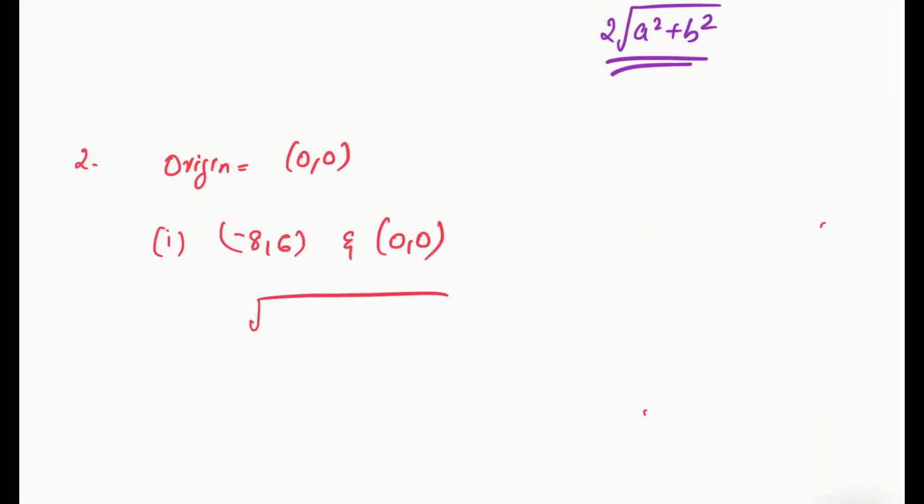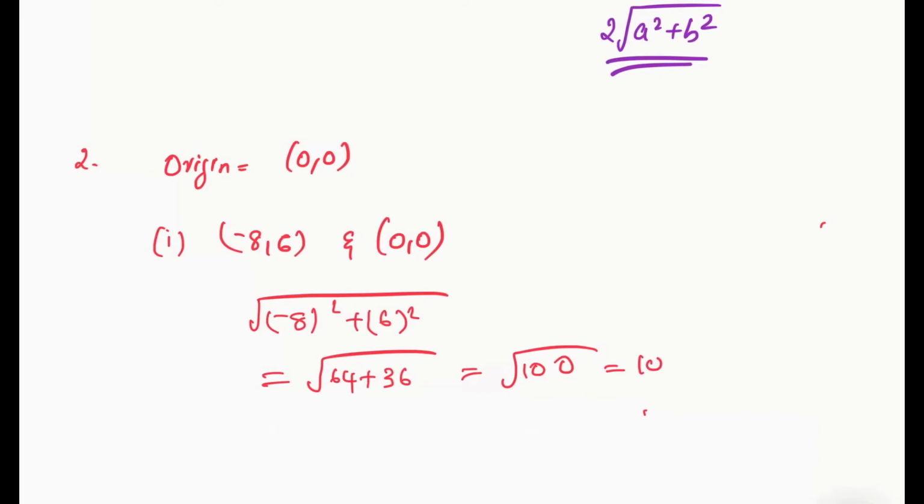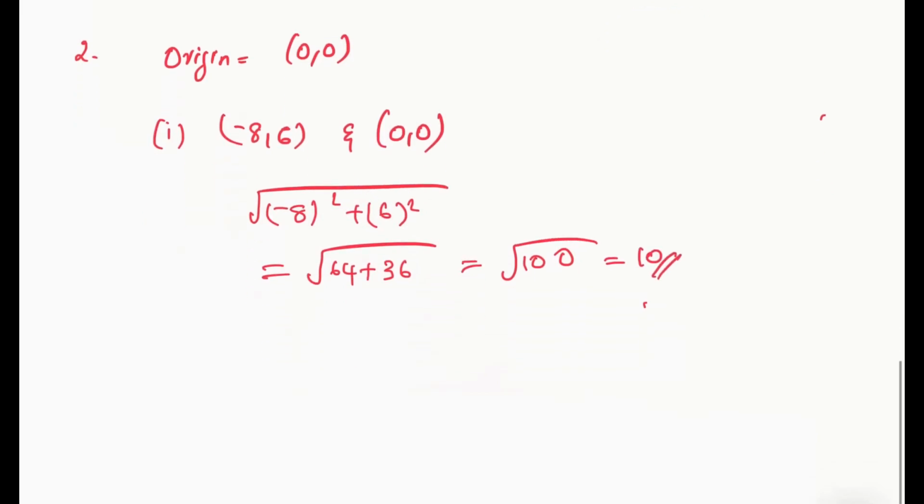So distance will be equal to root of minus 8 minus 0, that is minus 8 the whole square plus 6 square. That is equal to root of 64 plus 36, that is root of 100, equal to 10.